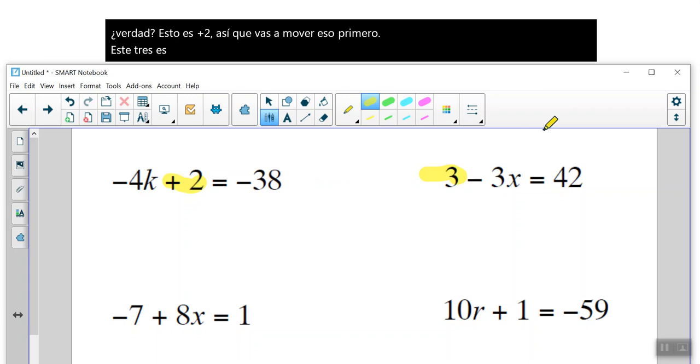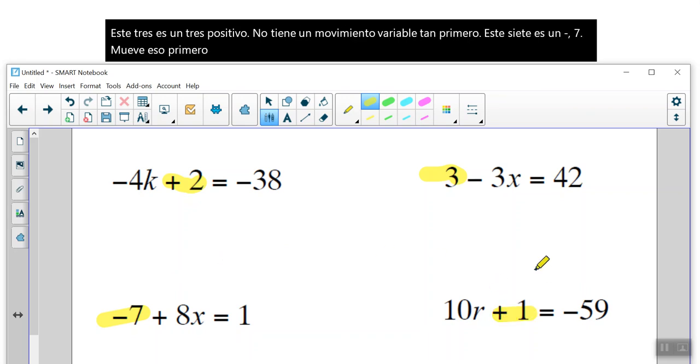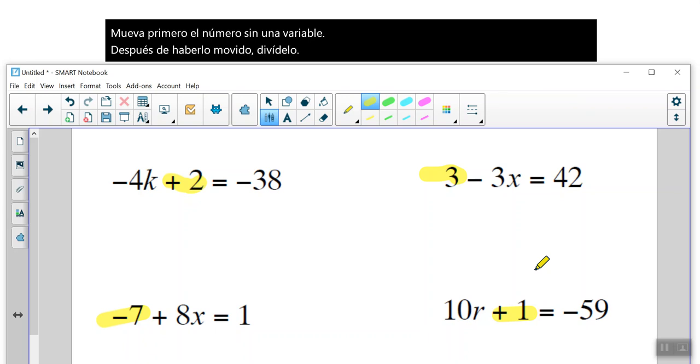It doesn't have a variable. Move that first. This 7 is a -7. Move that first. And this 1, you're going to do first. You're going to move the plus 1 over first. Move the number without a variable first. After you've moved it, then divide by the number in front of the variable.